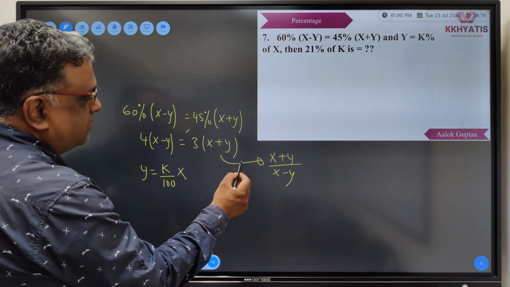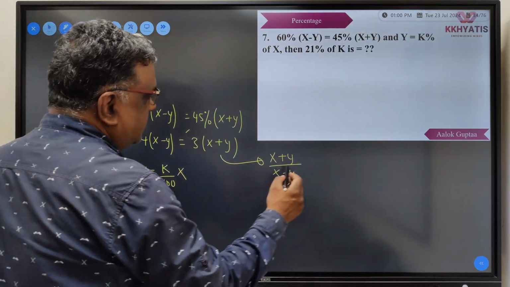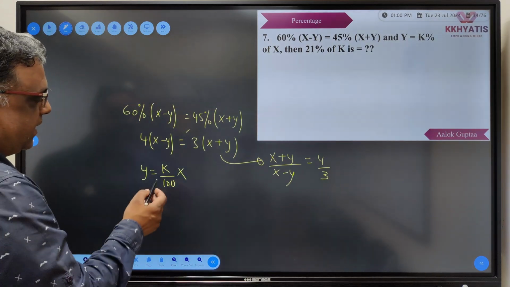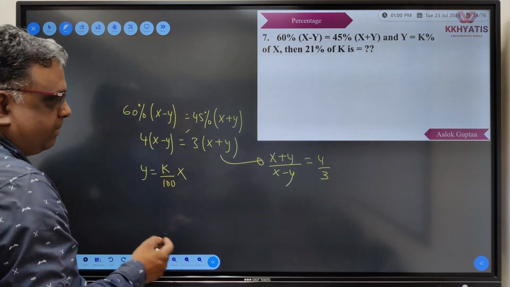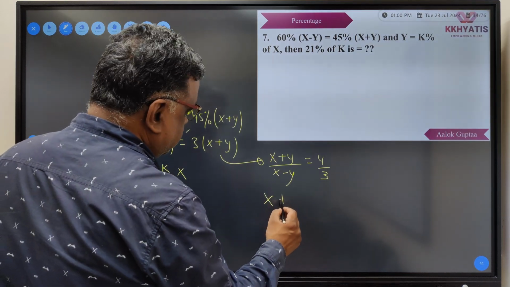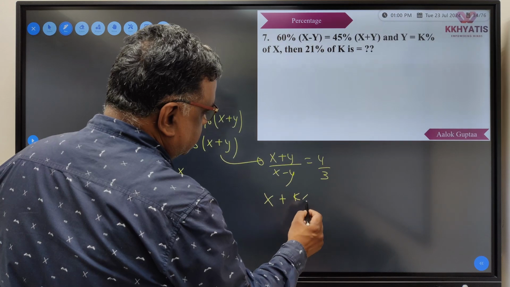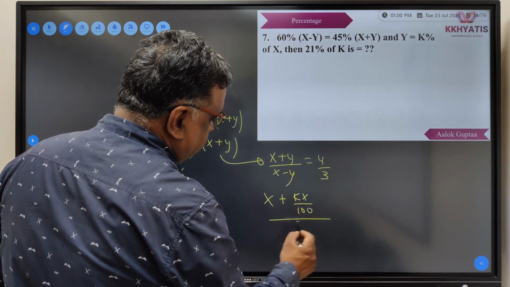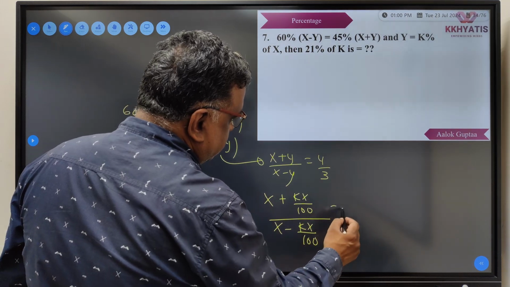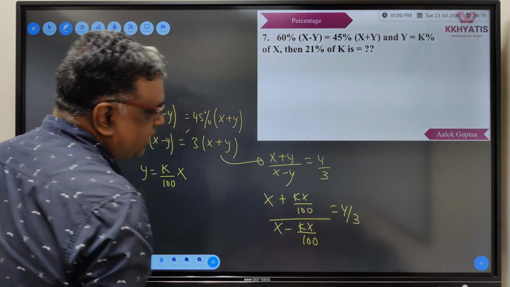I will take x minus y on this side and 3 on that side, is 4 upon 3. And I can replace y as this value. So x plus kx upon 100 upon x minus kx upon 100 is 4 by 3, correct?